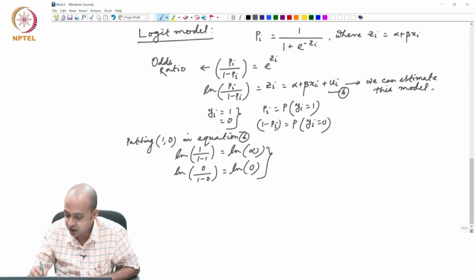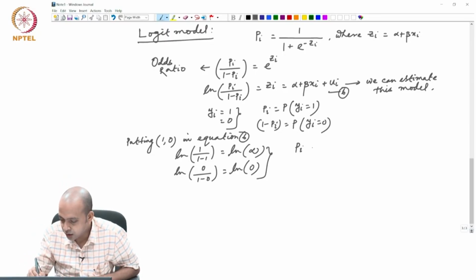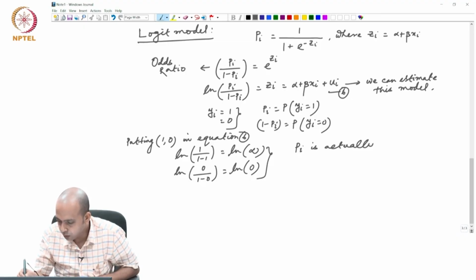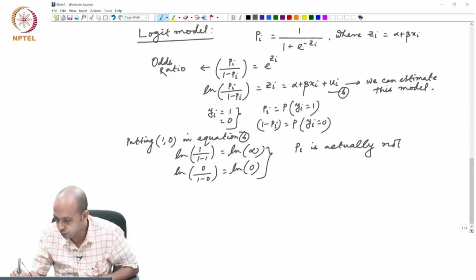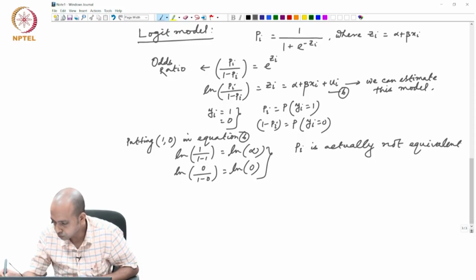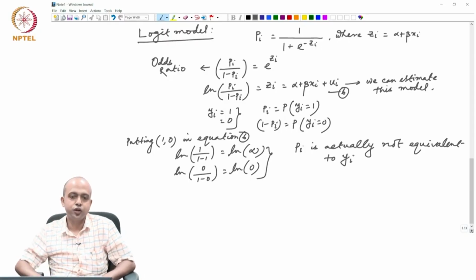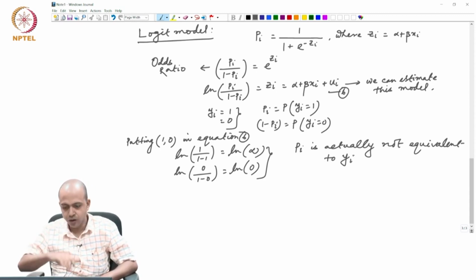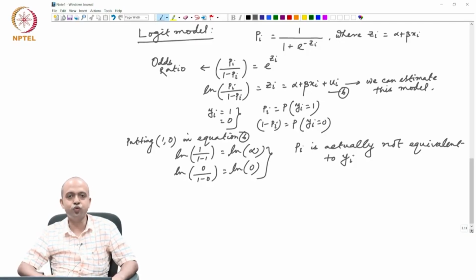So pi is not equivalent to yi. That is why in this model we cannot estimate using the OLS method, because we do not have information on the dependent variable itself. We cannot put 1 and 0 here and we cannot estimate the model.